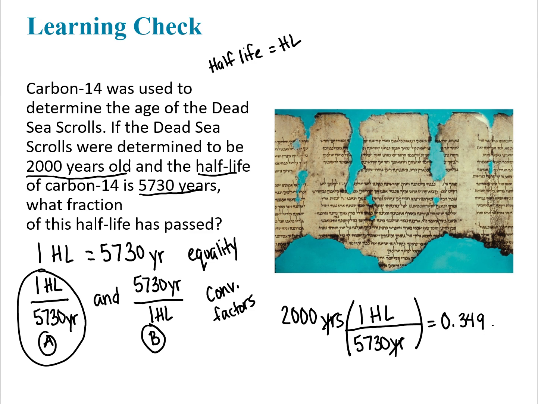How many significant figures are in 2,000? There's only one significant figure here. So that means for our answer, we can only have one. So a third, about a third of a half-life.